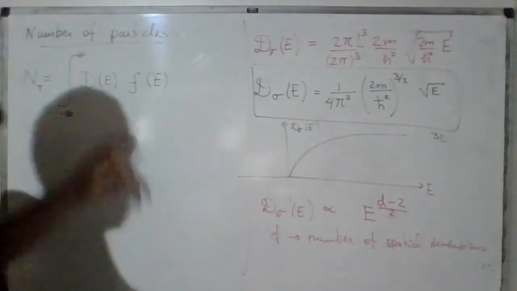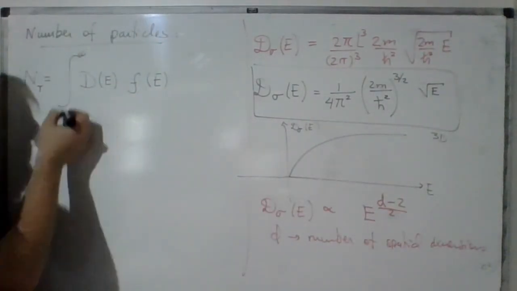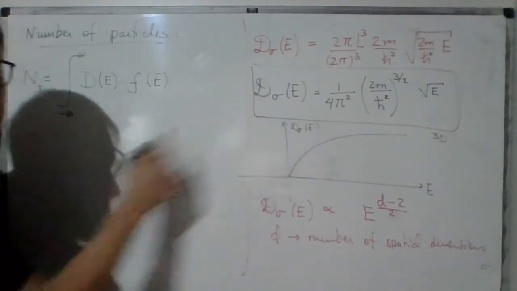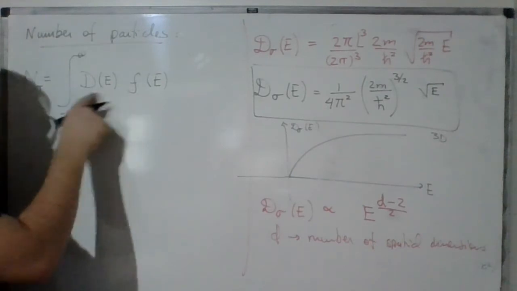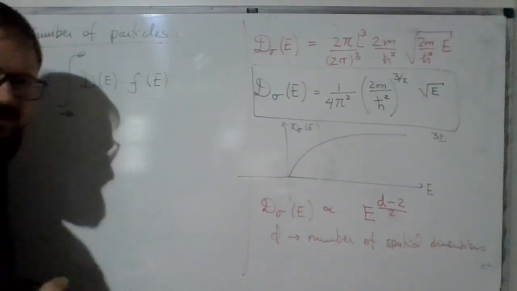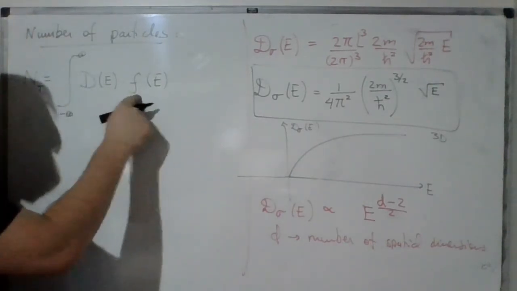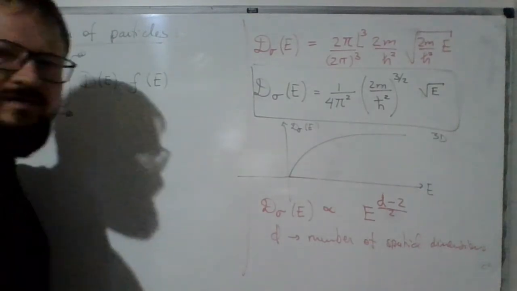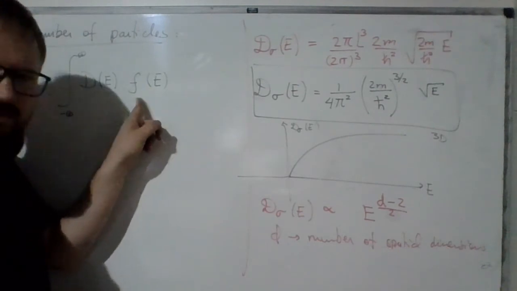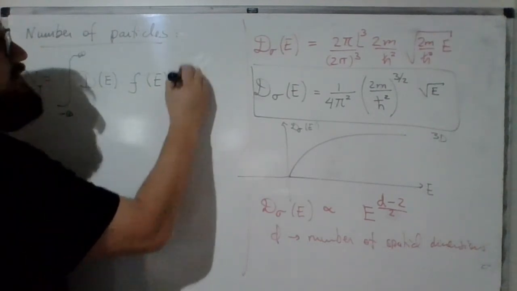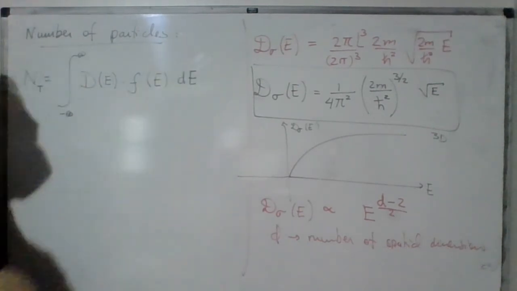This is the Fermi-Dirac distribution for fermions, or a Bose-Einstein distribution for bosons, and you need to integrate over dE.